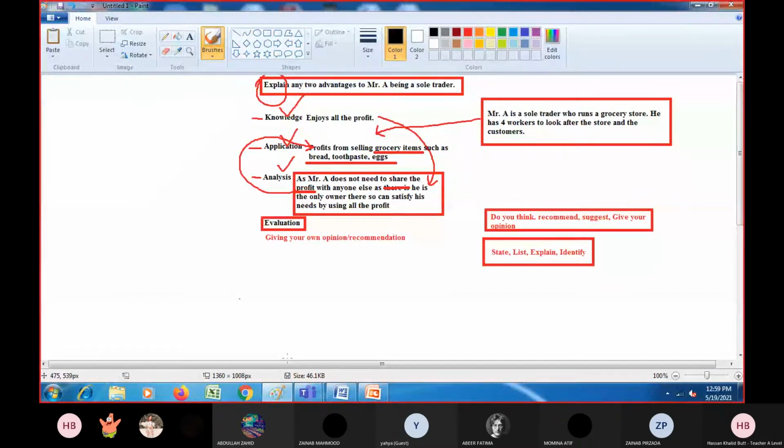So I was telling you that while attempting business studies questions, you require four skills, and we call them assessment objectives. The examiner has clearly set these objectives in different types of questions, and if you do not meet those objectives, you cannot get maximum marks.